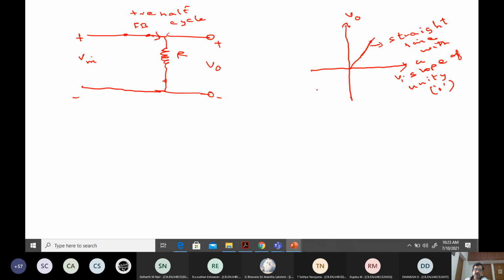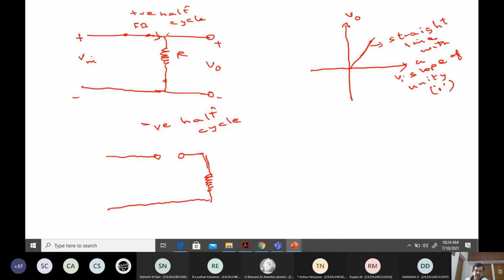Now for the negative cycle, my equivalent circuit will be something like this. No current will flow through.